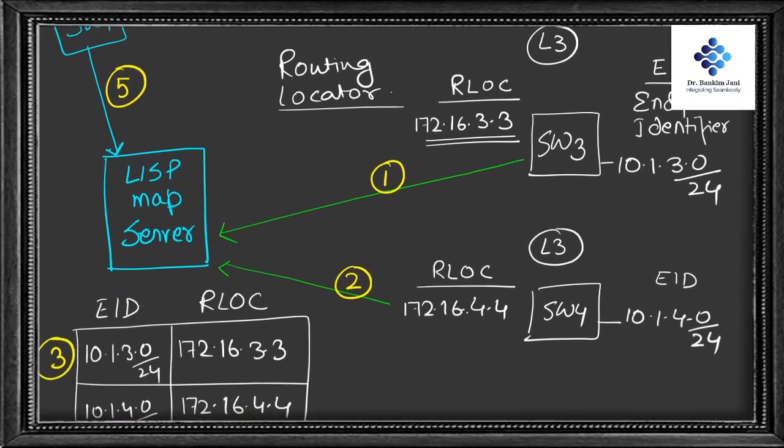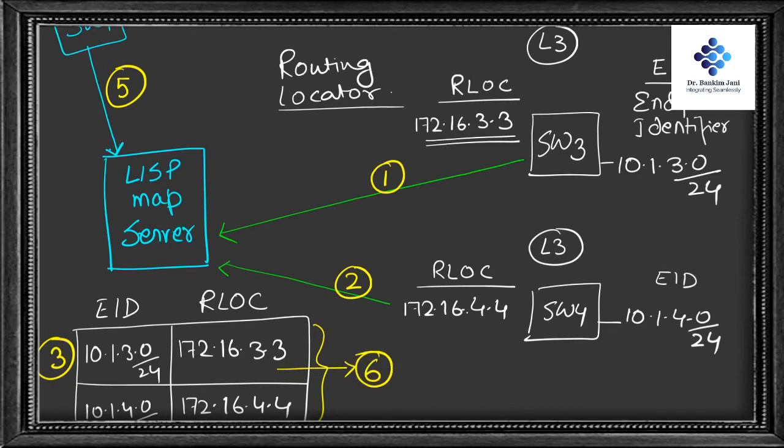So then Lisp would check its map. It would say that yes, there is the presence of 172.16.3.3 because he is handling 10.1.3.0. So this is the entry of choice, and that becomes step 6.